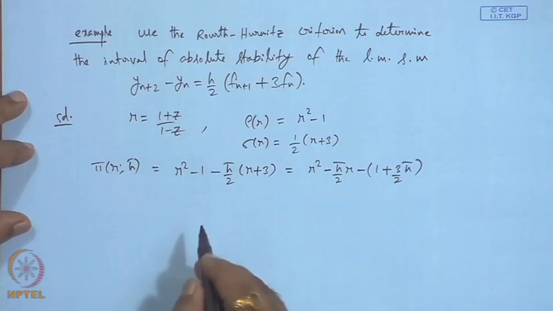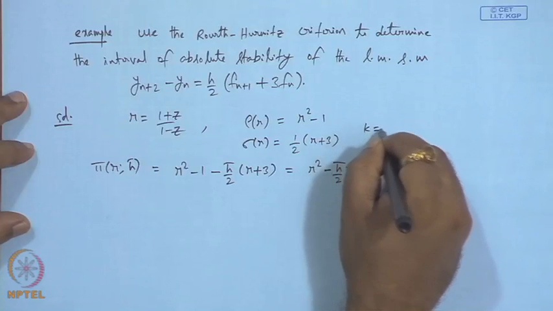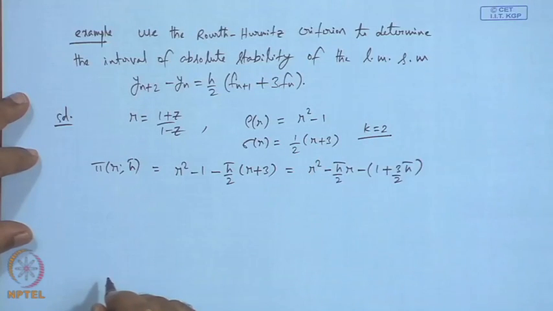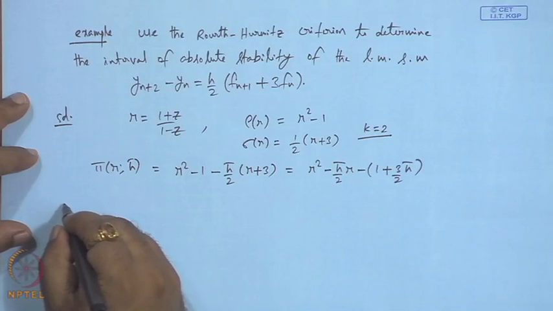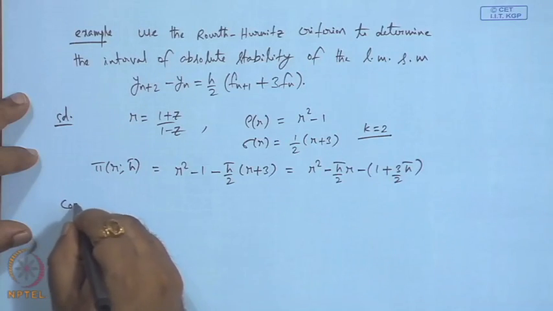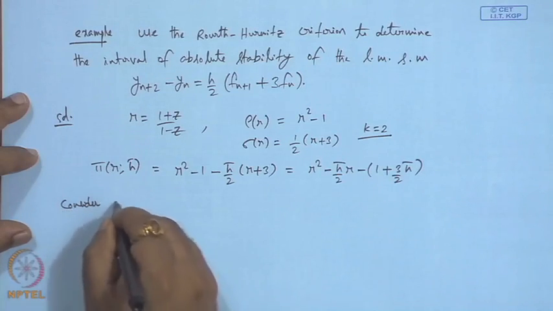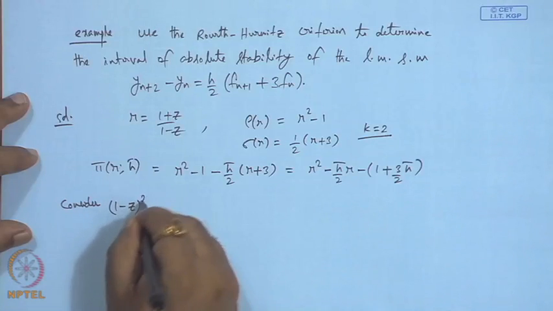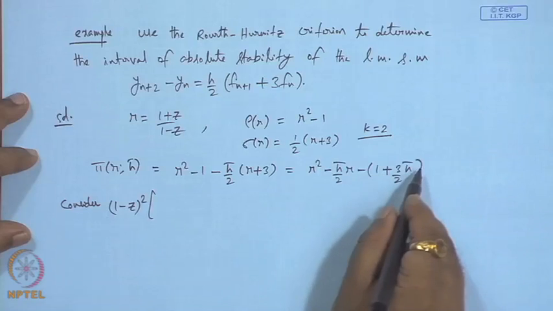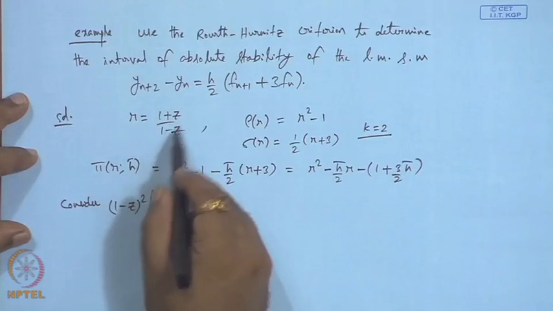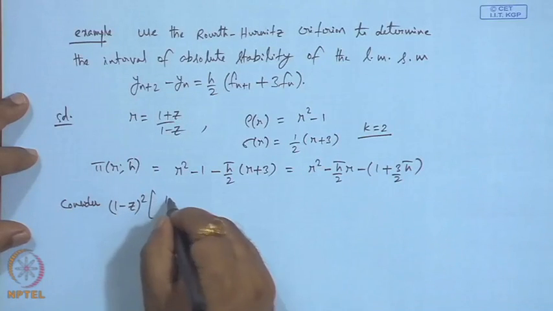And what is the order of the method? Okay, 2. So, we need to consider this with the variable change of this transformation.